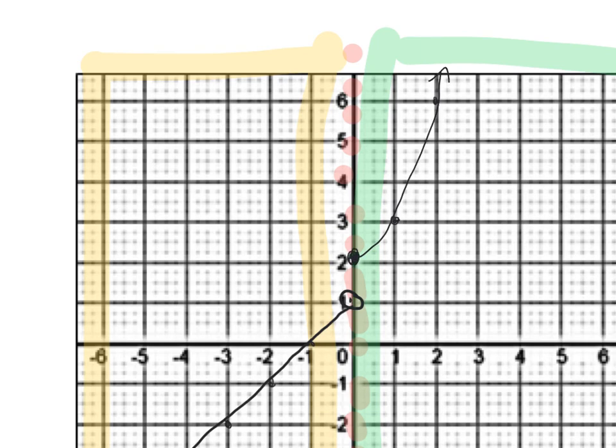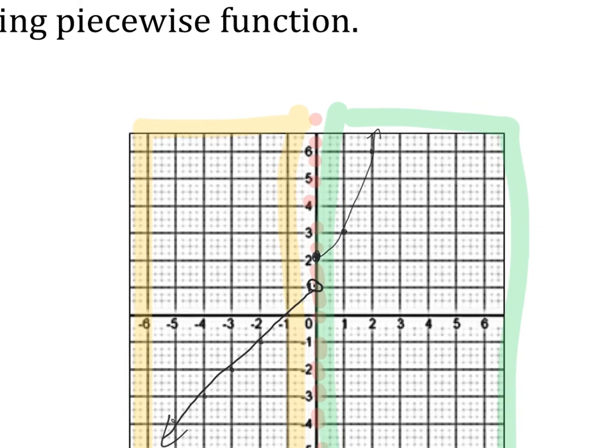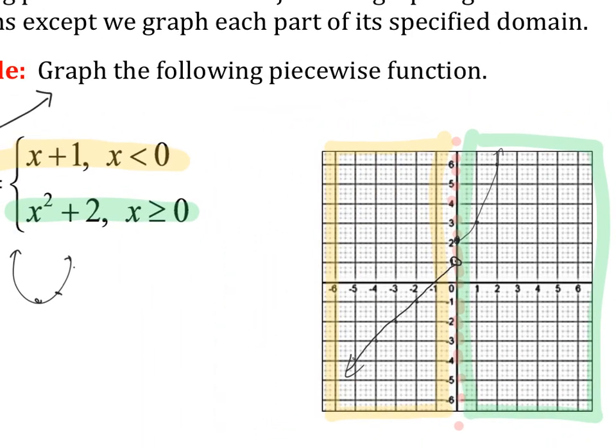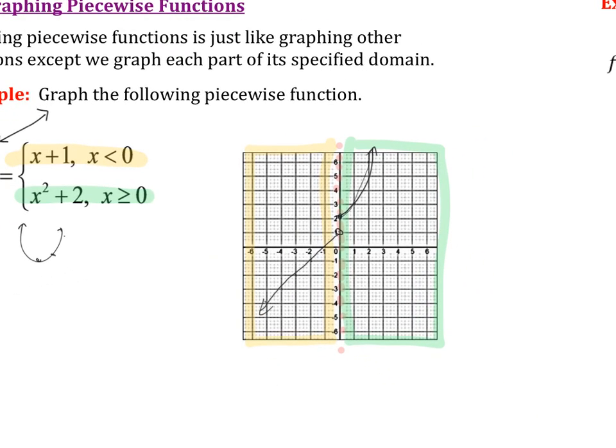And we're going to make sure that that's a filled-in circle where it intersects. Okay. I think I just made it worse. So that is what a piecewise function might look like. Let's see another one.